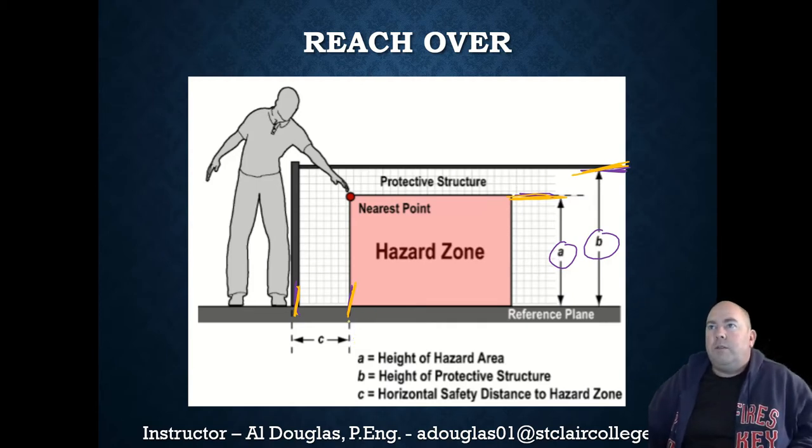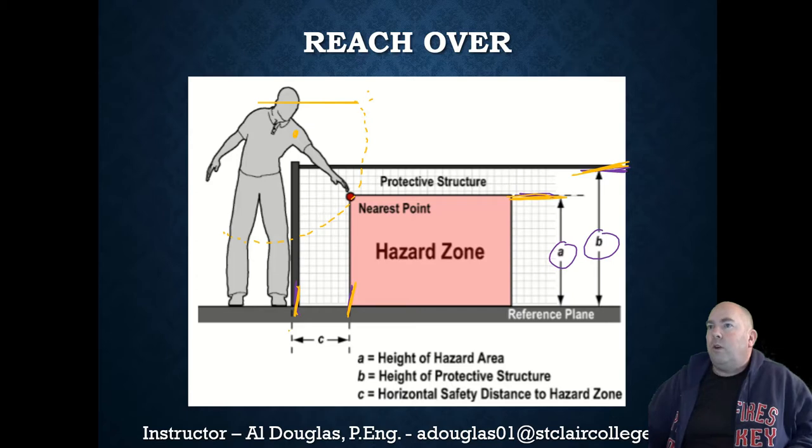Because this person can reach in an arc, imagine he's got his shoulder here, he can basically reach in a sweeping arc here. You want him to not be able to touch this hazard.